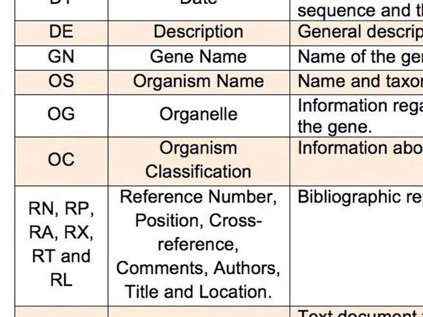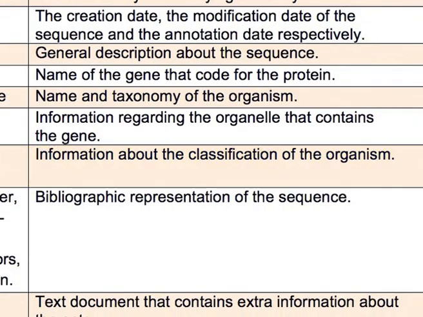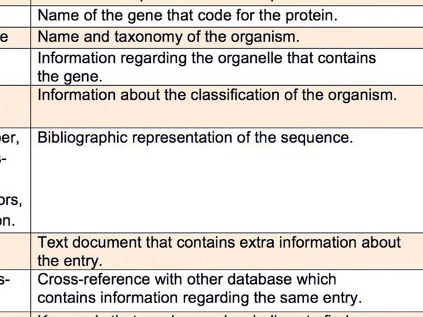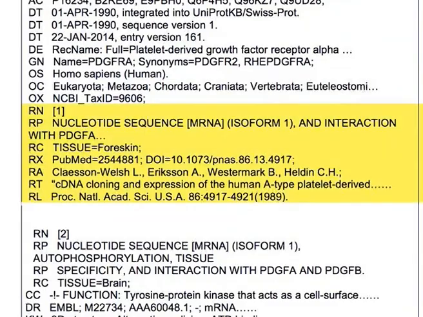OC, organism classification, information about the classification of the organism. RN, RP, RA, RX, RT and RL. All these refer to reference number, position, cross-reference, comments, authors, title and location. It explains the bibliographic representation of the sequence, and gives the information on the extent of work carried out by the authors.